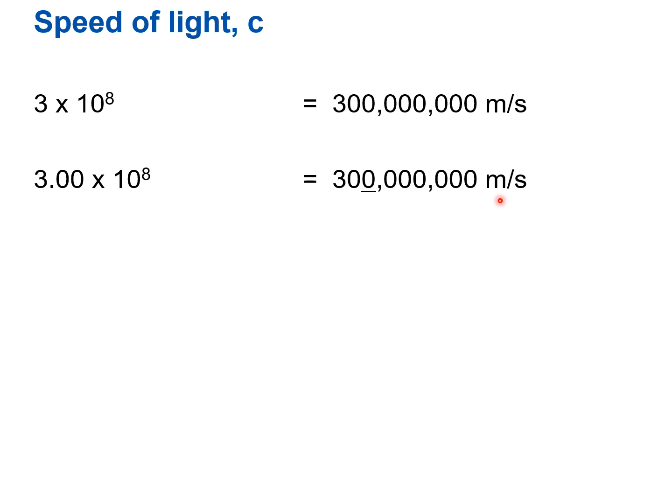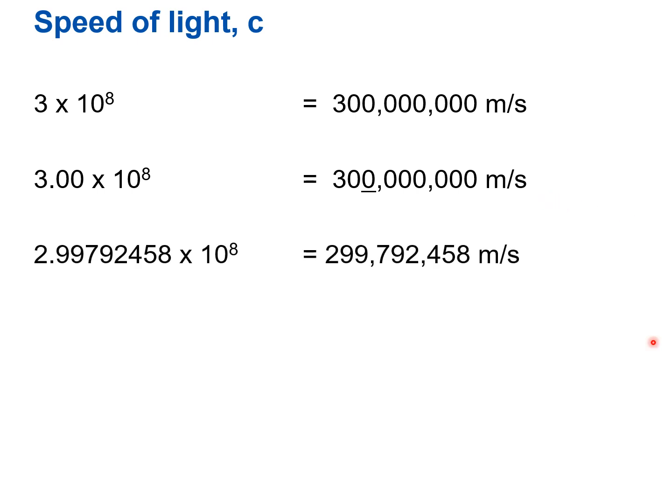Now, if I want to get very specific about the speed of light, if I want to get it precise to many, many decimal places, in fact, if I want to write it to its exact definition, I would write it like this. Now, the speed of light is actually, we say 300 million, but precisely it's 299,792,458 meters per second.